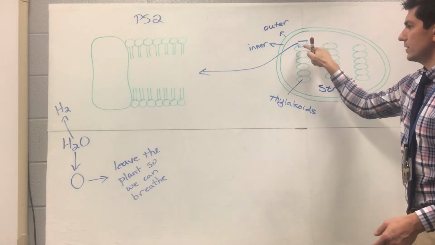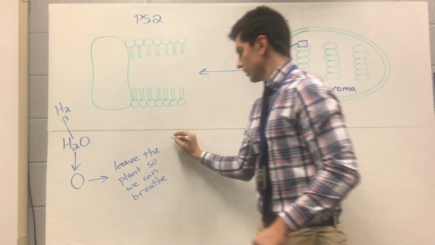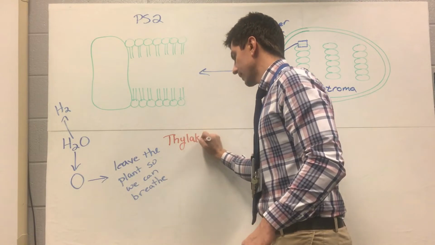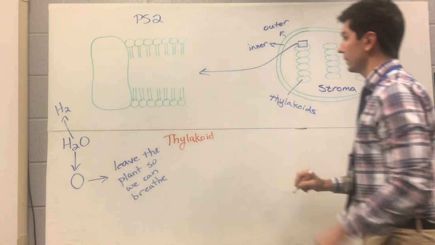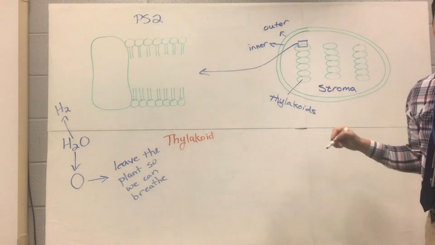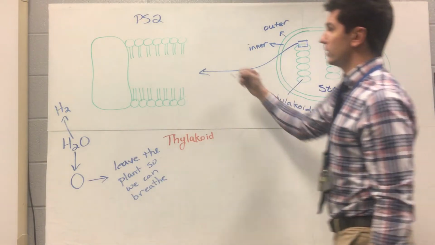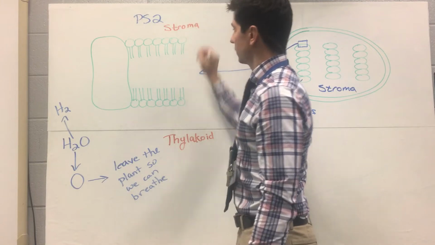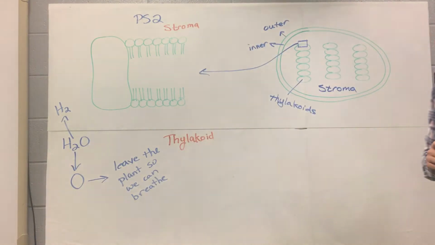The area underneath that green line, so down here, this is going to be inside of our thylakoid. Okay? And then on top of the box, we actually go out of the thylakoid, so up here would be our stroma. Okay? There you go.